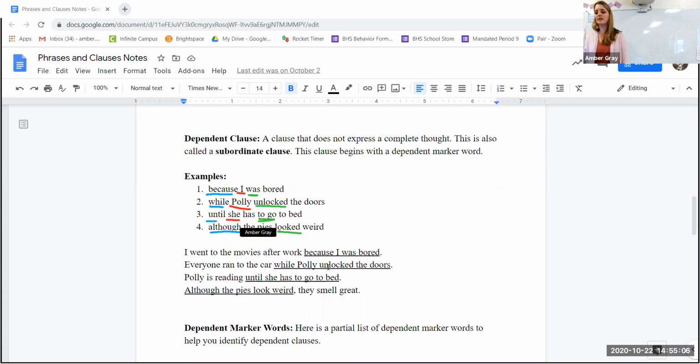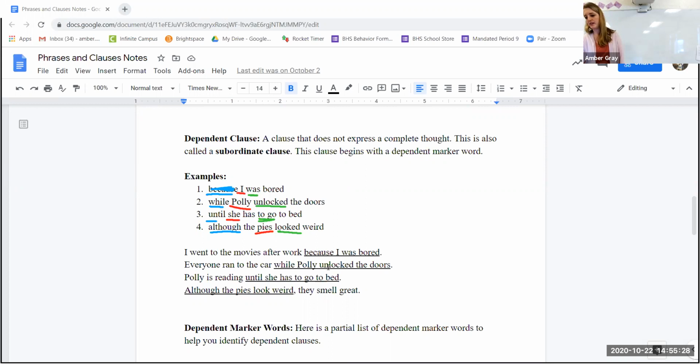If you were to actually take those words off the dependent clauses, those dependent clauses would now become independent clauses. So if you were to say, instead of saying because I was bored, and you took off that because, you now have I was bored, which is a complete thought. That's a complete sentence. Same with while Polly unlocked the doors.